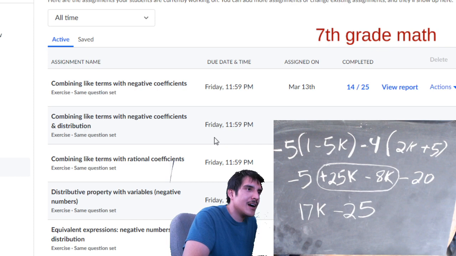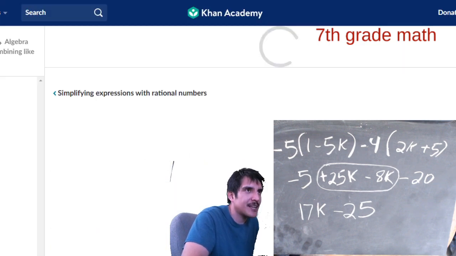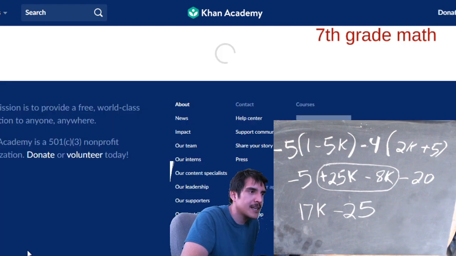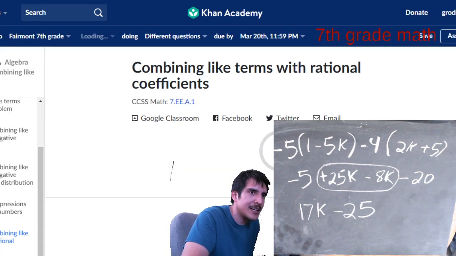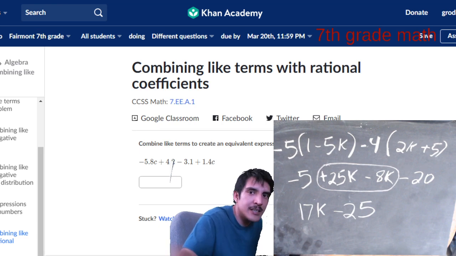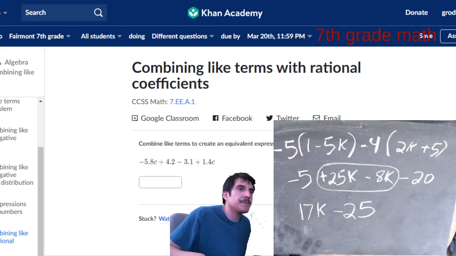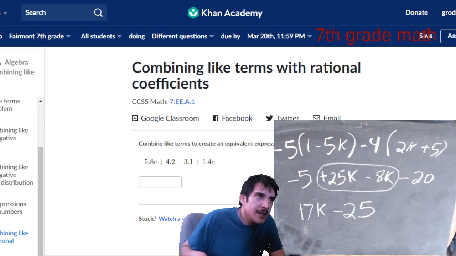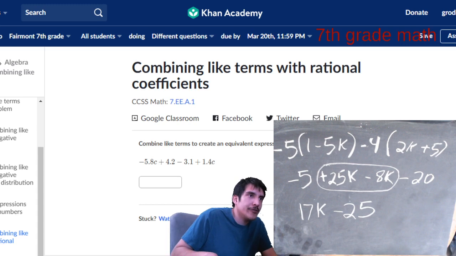You know what? I am going to do one more combining like terms task, because they're very easy, and it's related, and I've only been going 20 minutes, so it would probably be a good idea. There we go. Now we got rational coefficients.